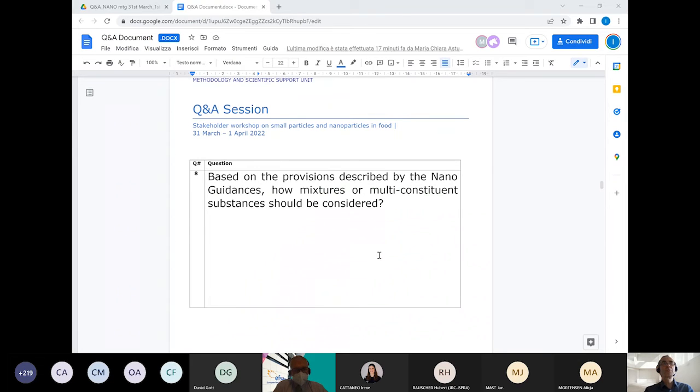There, it would be possible for the applicant to provide a rationale demonstrating that an assessment of the fraction of small particles would not be needed or is already covered by the regular safety assessment process. So the answer is yes. In the mixtures, you have to look for the individual components.